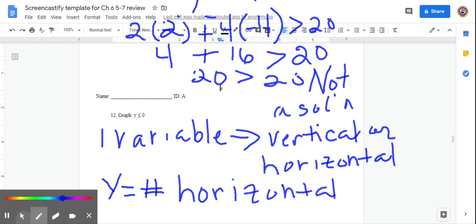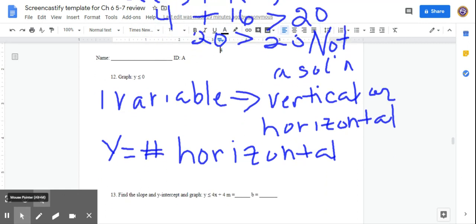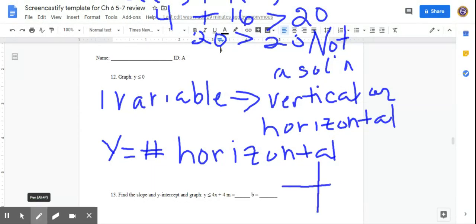So we're going to go to the graph. Didn't leave myself too much room here, did I? So we have the x and y axis. This is your x. This is your y. And you're going to go to where y equals 0. Where does y equal 0?